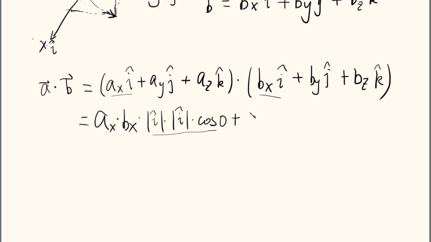So the angle is 90 degrees. So the cosine of pi over 2 is 0.